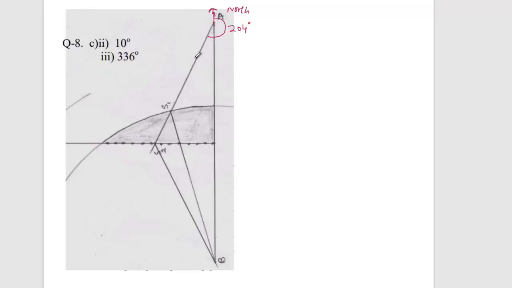This line is at the bearing of 204 from A. As the ship is in this shaded region and it is also on the circle, this line cuts this region at this point, minimum at this point and maximum at this point.